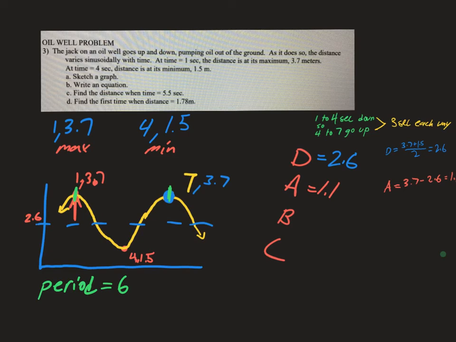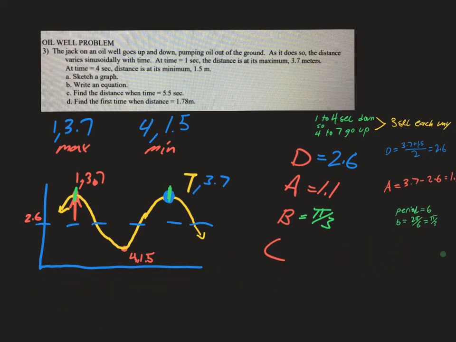So my b value is 2 pi over 6, which is just going to be pi over 3.